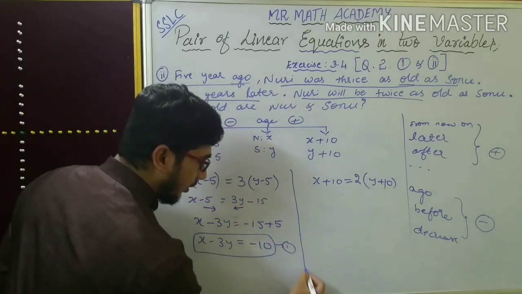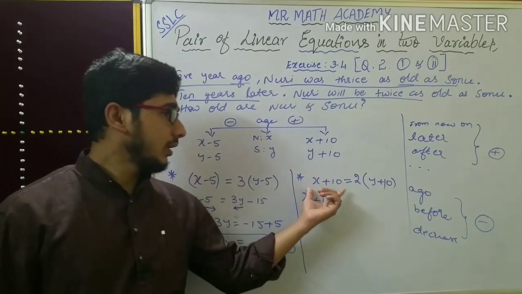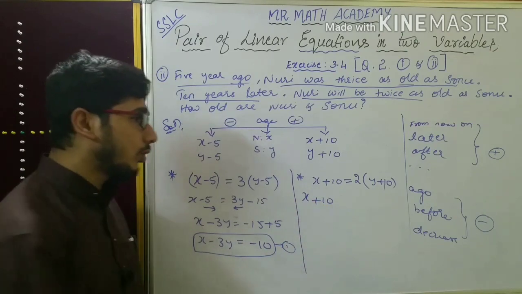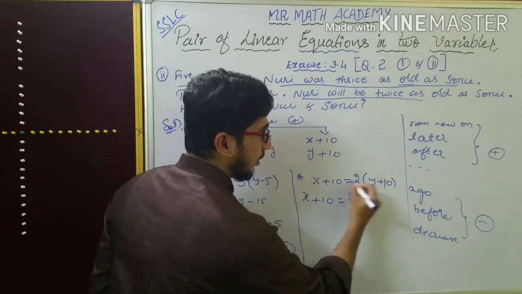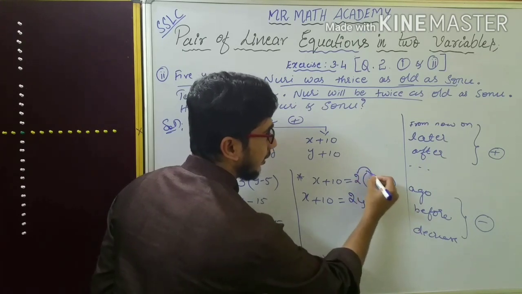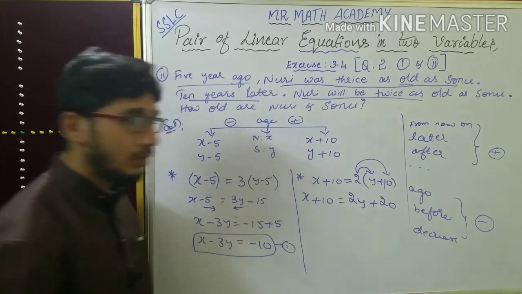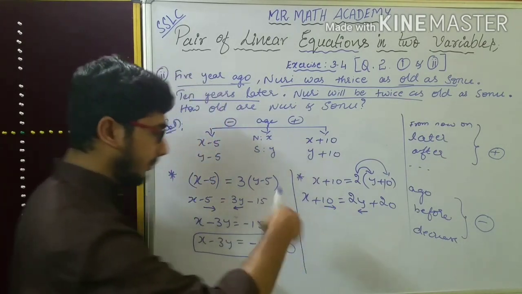Let us go for this one. x plus 10 as it is, we have to copy, is equal to 2 into y plus 10, 2y plus 10. 2 tens are, we have to multiply here also, 2 tens are 20. Okay, now what we will do, take 2y to the LHS, 10 to the RHS.